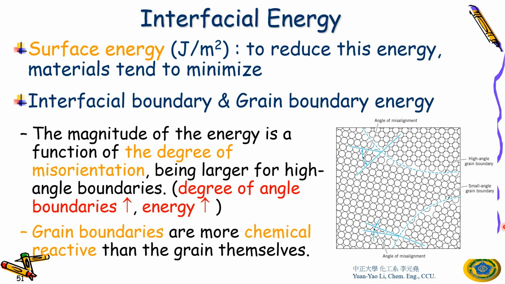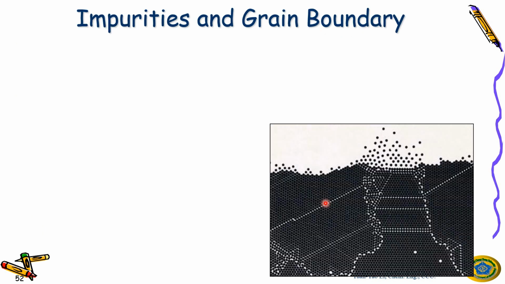Okay, so the grain boundaries are more chemically reactive than the grain itself. So this place is more chemically reactive compared to this place. Okay, no problem. So if you have foreign atoms going into this system, of course this will be the one easier to fill with impurities, right?